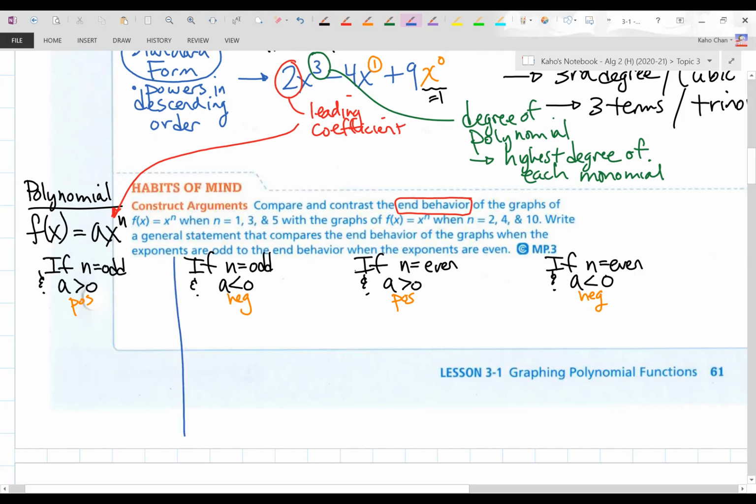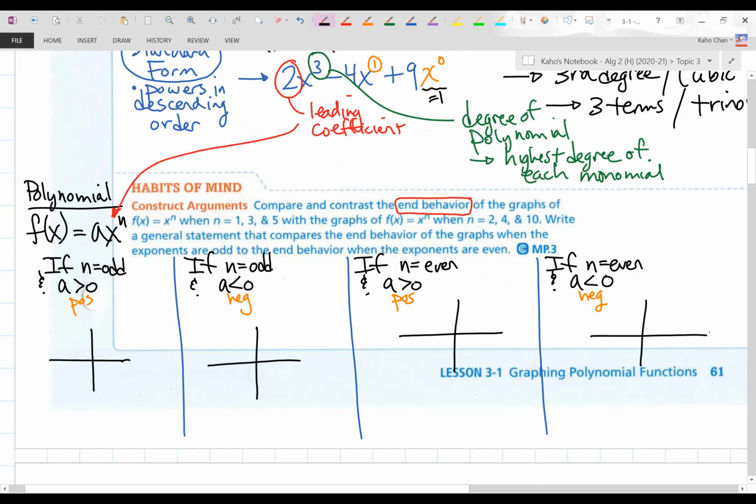Let's give ourselves some space here, and we're going to draw in a generic coordinate plane for each one, okay? Okay, we already did odd, positive. You know, like x to the first, x to the third.